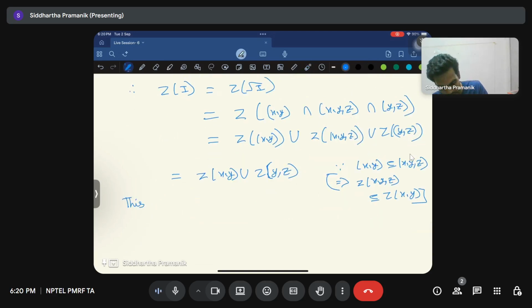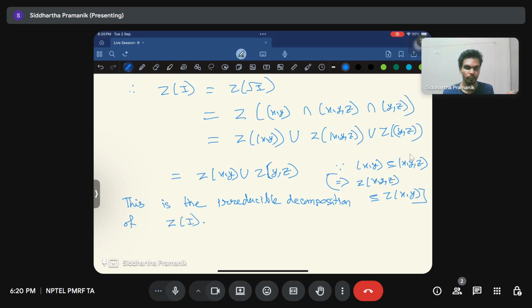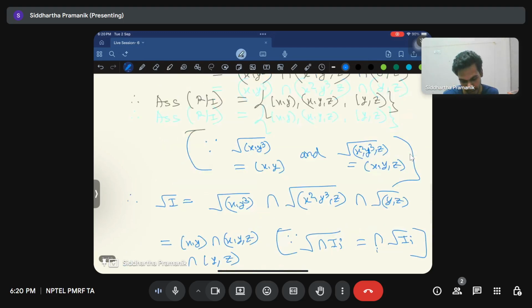So this is the irreducible decomposition of the zero set of I. So this thing I have done by using primary decomposition.